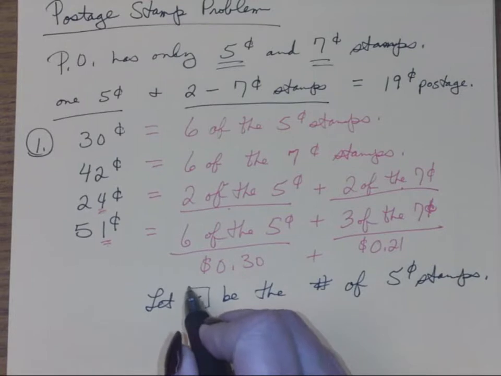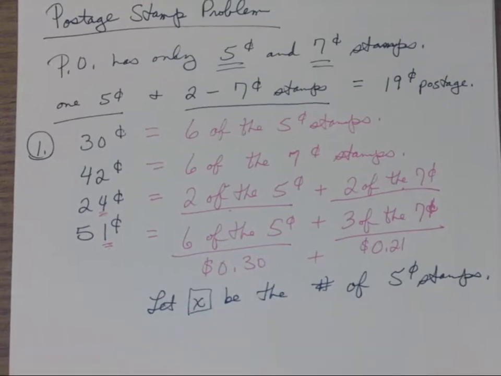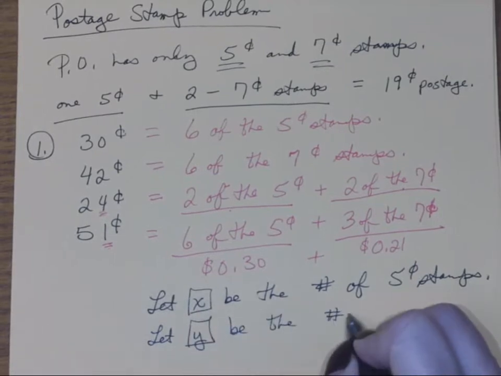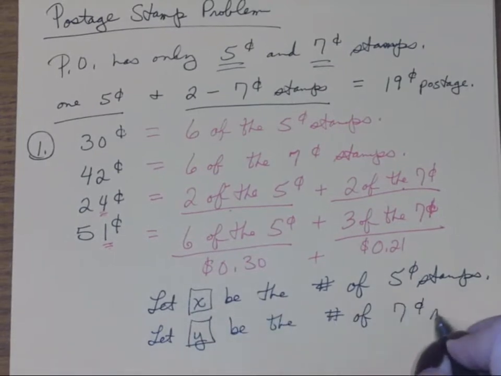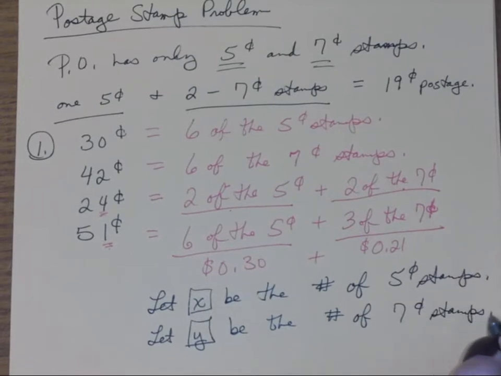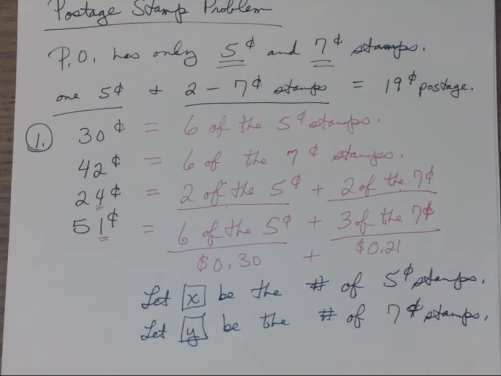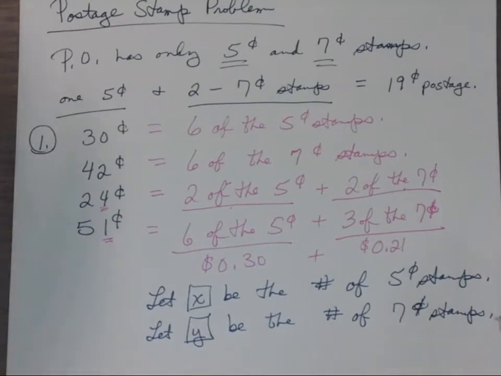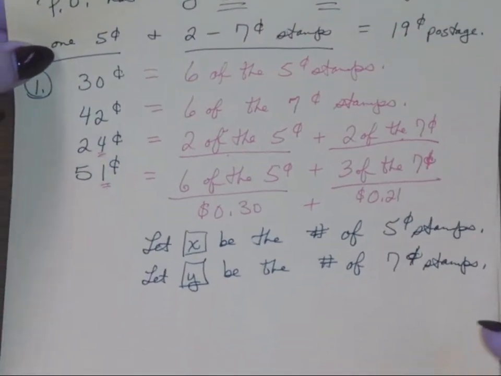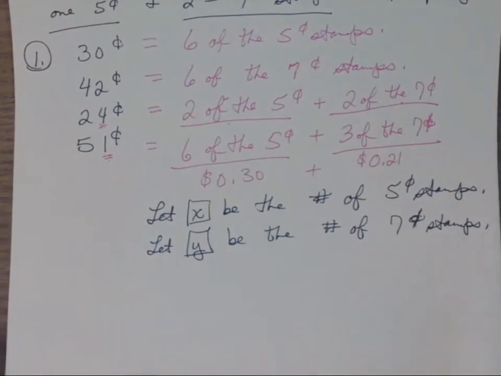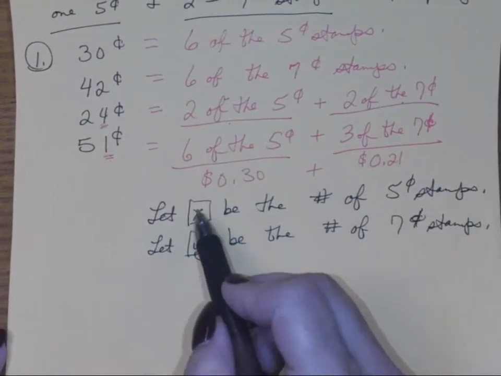So if X is the 5-cent stamps, then yeah, maybe I might let Y be the number of 7-cent stamps. Okay, and then I'm going to be pretty good because as long as I just count these 5 and 7, I probably can come up with some kind of an algebraic equation here that has 2 variables in it.